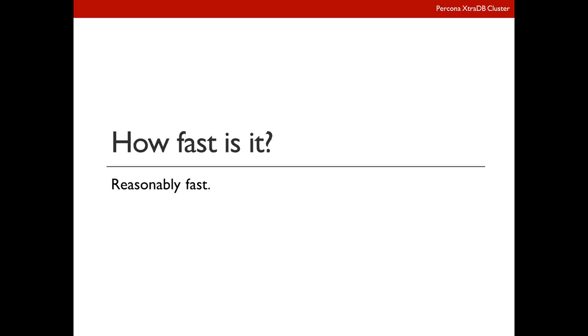Another question: how fast is it? Actually, I think it is reasonably fast. Yes, we still have all this group communication over the network in synchronous processes, and as I said, there are some techniques like certification and virtual synchronicity that minimize that overhead.